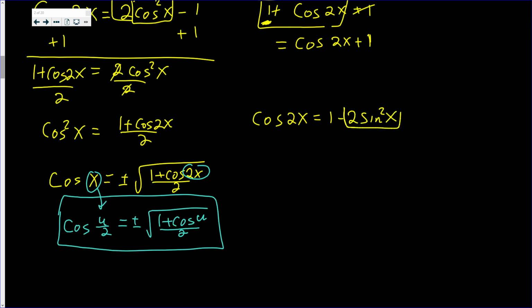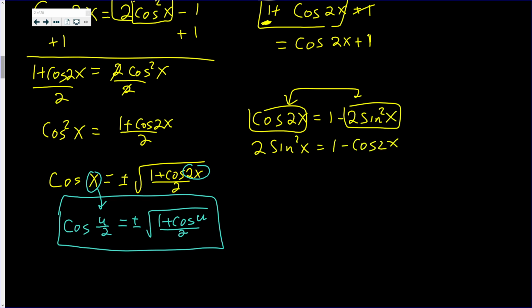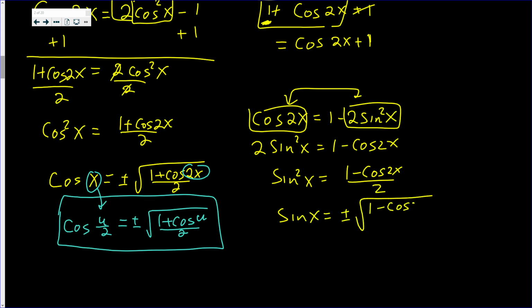So first, since it's minus sine squared x, I'm going to interchange those two. So 2 sine squared x is 1 minus cosine 2x. Divide by 2. Sine squared x is the right hand side over 2. So that tells me that sine of x is plus or minus the square root of 1 minus cosine 2x over 2.